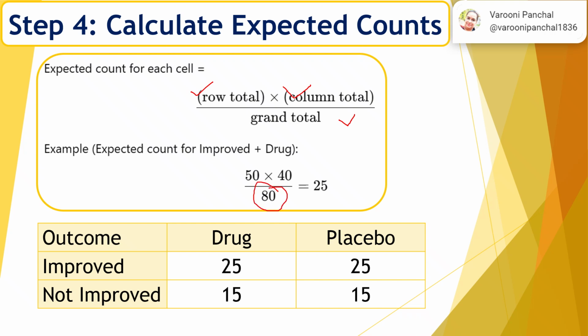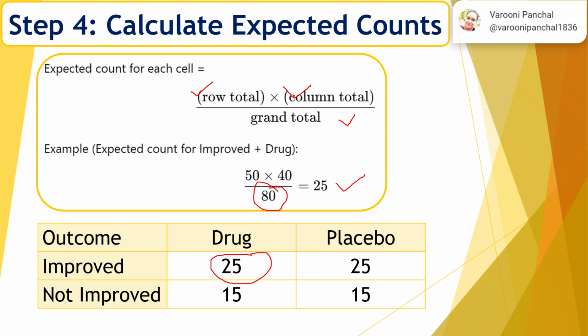So that cell count will be 25. This is how you calculate the expected counts, by considering the row total and column total.